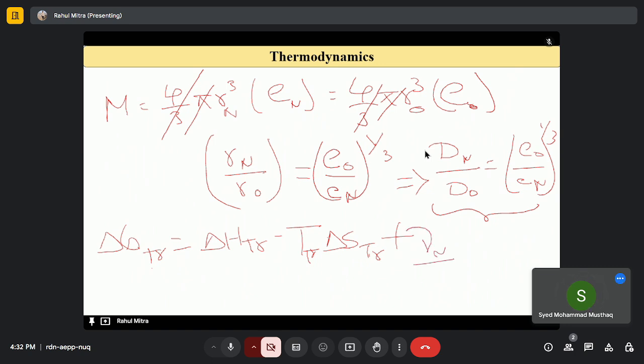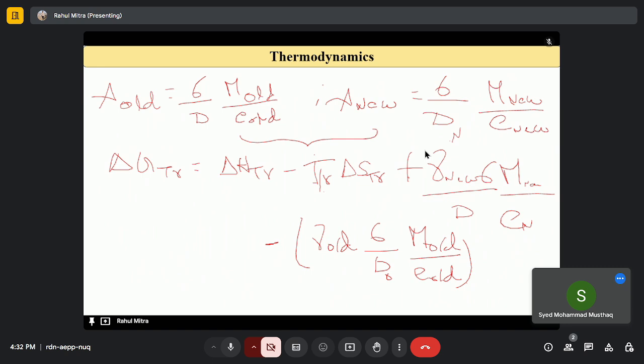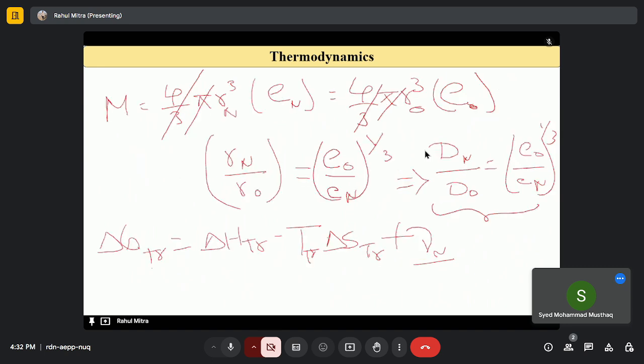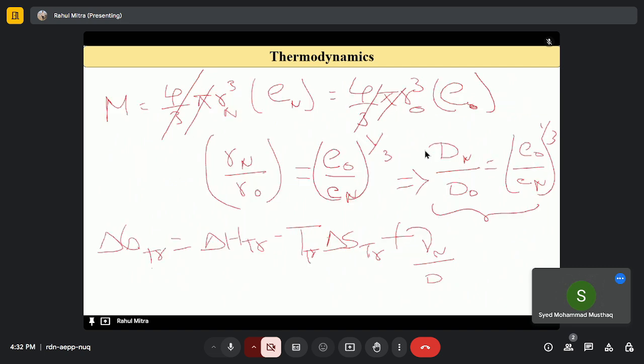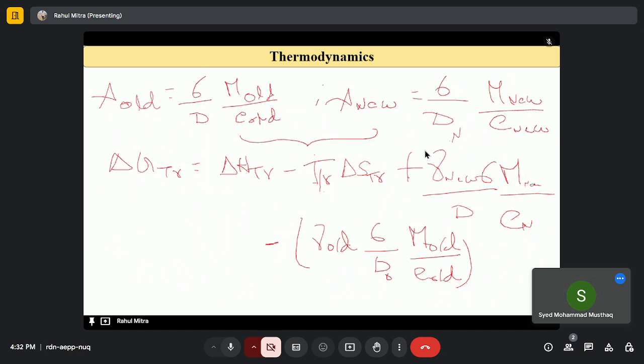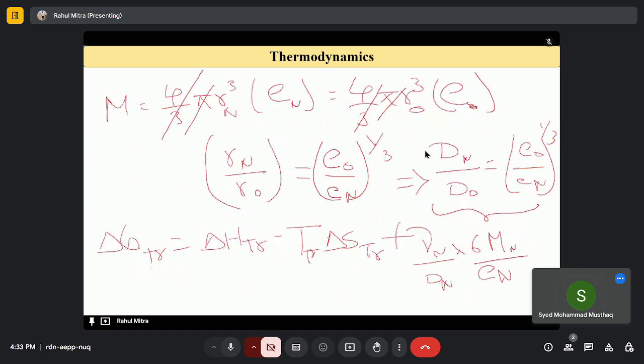gamma n times, let's write it, d n times 6 times molecular weight of new divided by density of new, minus gamma old divided by d old times 6 times molecular weight of old by density of old.